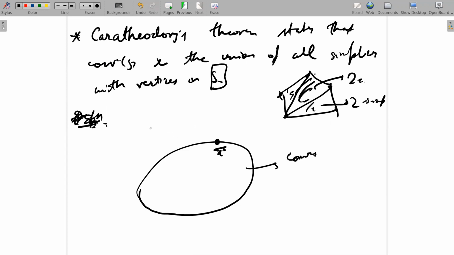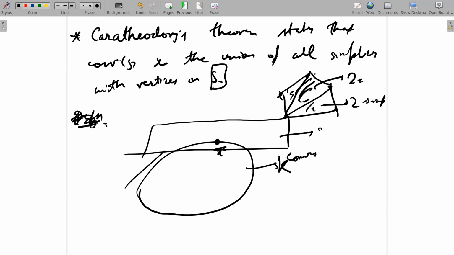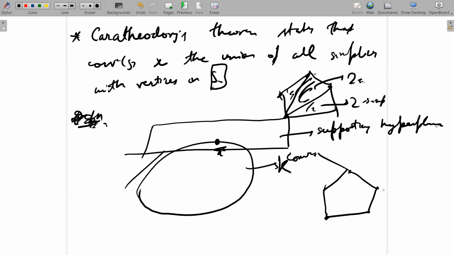If a hyperplane does not intersect K, there is a half space which contains this set K. This is called a supporting hyperplane. We'll give very concrete definitions in the next class, but for now, let us get the intuition. Like for this triangle, if I take this line, that's a supporting hyperplane.